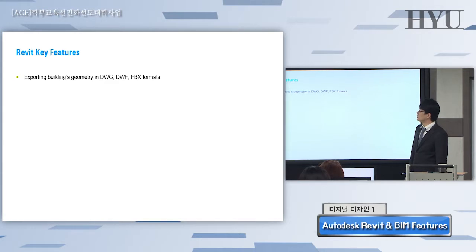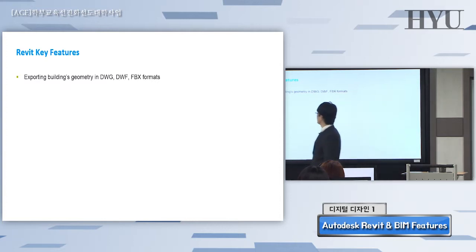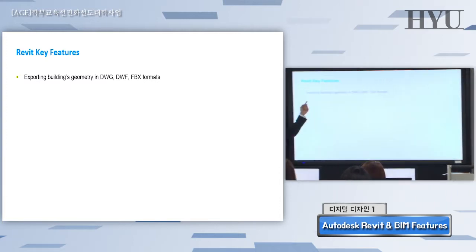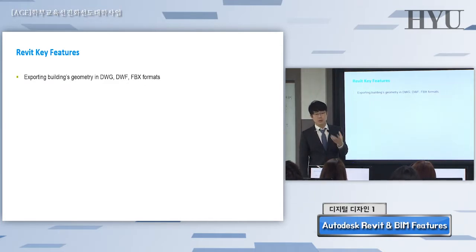I'd like to show you this one and explain a little bit about these key features. First thing, by using Revit, a number of geometric modelers are still available. What if you want to use SketchUp based on your Revit model for your design studio?